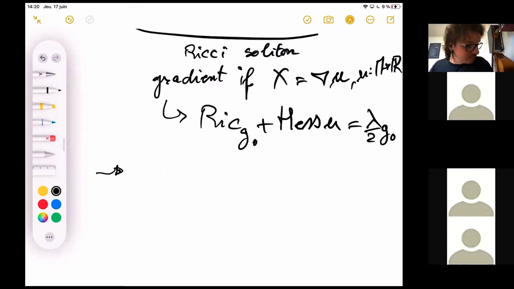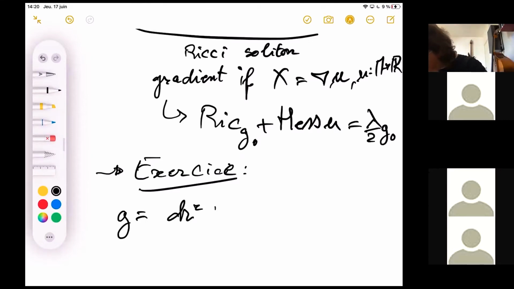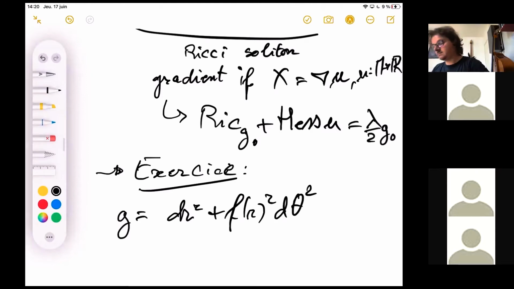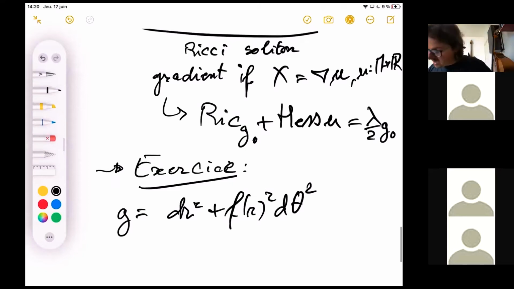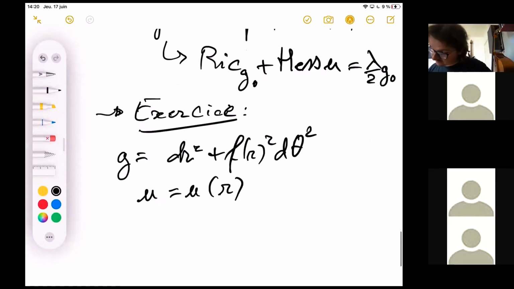For instance, you can look at surfaces, maybe as an exercise if you want to get a feel for computation with the Ricci flow. So assume that g is of the form dr squared plus f of r squared d theta squared, so you write that in polar coordinates, and u is a function of r only.